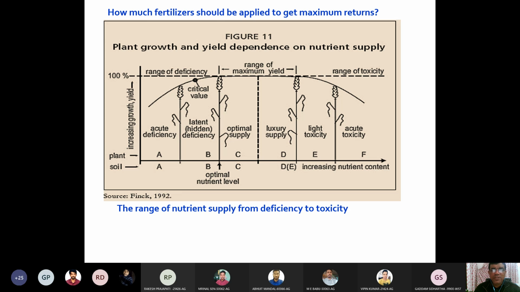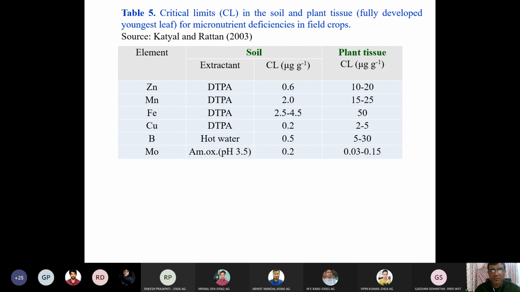Now, you see the critical level of different nutrients in plant tissues as well as in soil. For zinc, you should remember these figures. These figures are usually asked in your interviews or exams, so it is better to remember these critical values. This is given by Katyal and Ratan 2003.